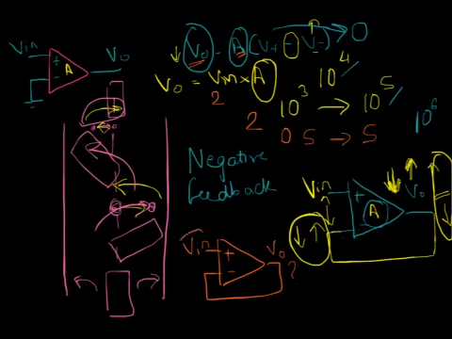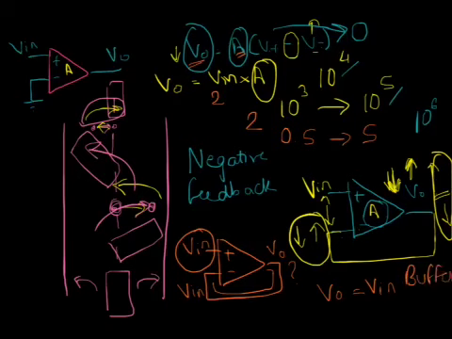We know that the positive terminal voltage is Vin, so the negative terminal voltage is also Vin, and the negative terminal is shorted to Vout, so Vout is also equal to Vin. And this circuit is called a buffer. Negative feedback is used to make very interesting circuits with the operational amplifier, some of which we'll see in the next lectures.